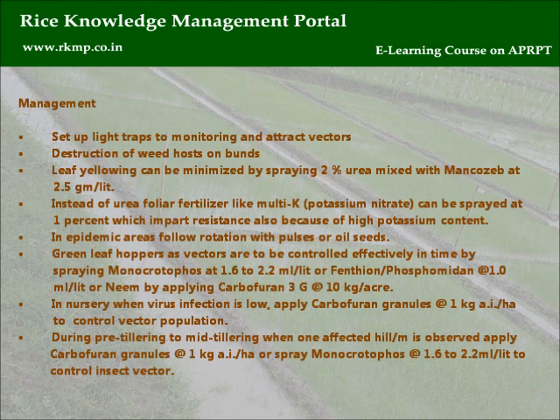In the nursery, when virus infection is low, apply carbofuran granules at 1 kg AI per hectare to control the vector population. During pre-tillering to mid-tillering, when one affected hill per meter is observed, apply carbofuran granules at 1 kg AI per hectare or spray monocrotophos at 1.6 to 2.2 ml per liter to control the insect vector.